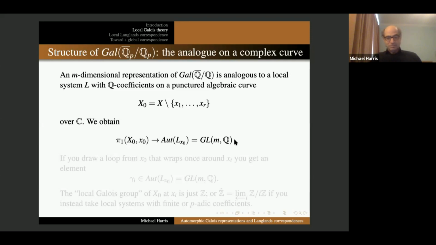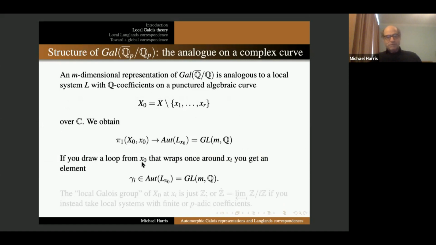All right? Now, if you draw a loop from x0 that wraps once around one of these points, and here, if I were in the same room with you, I would go up to the blackboard and actually draw this loop, but I can't do that here, so you just have to imagine I'm doing that.